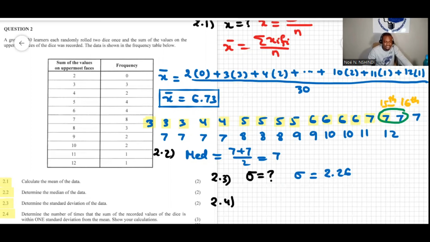Let's read the question again. Determine the number of times the sum of the recorded values of the dice is within one standard deviation from the mean.